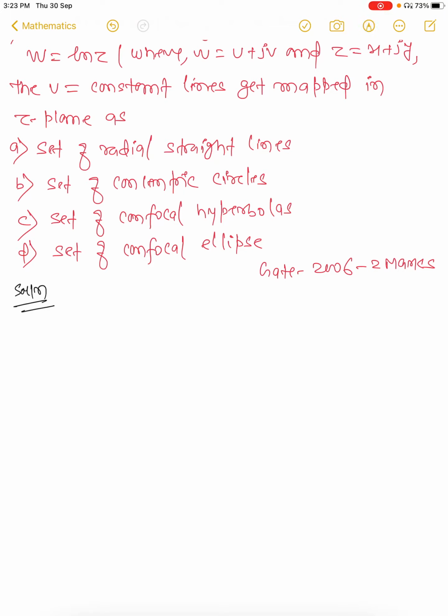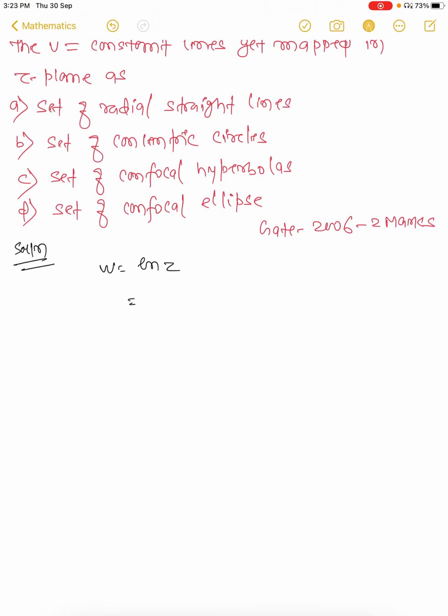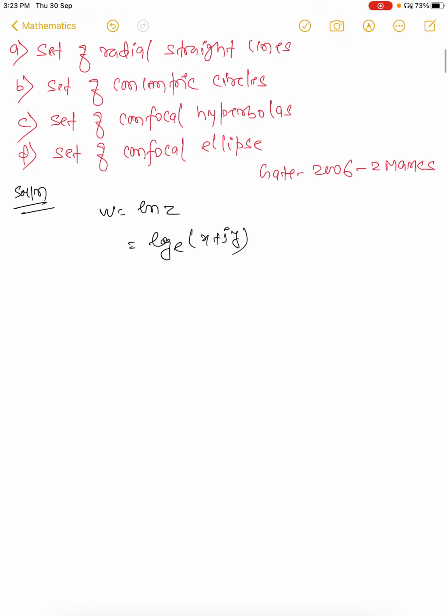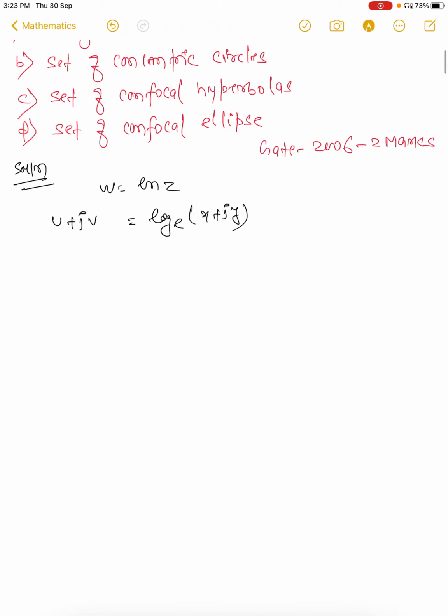Solution. So w is given as ln z, and it is nothing but log(x + jy). Okay, and w is u + jv. This log of (x + jy) we can rewrite with the real part and the imaginary part separately.